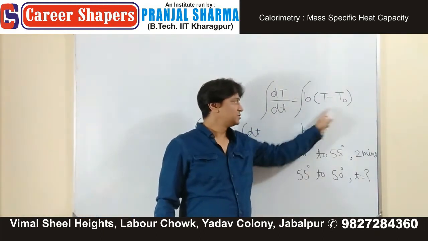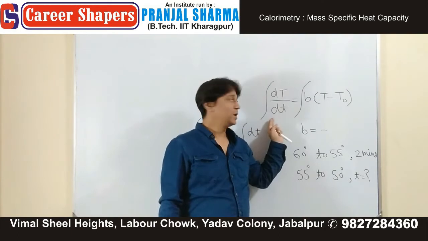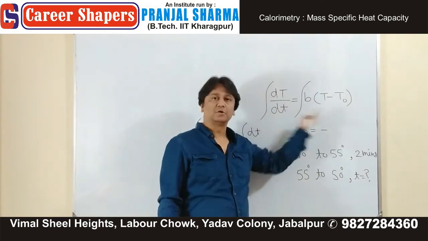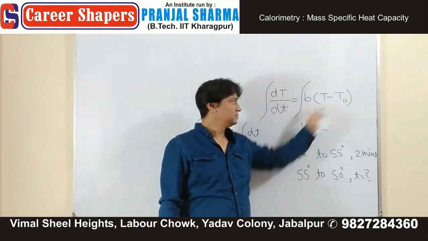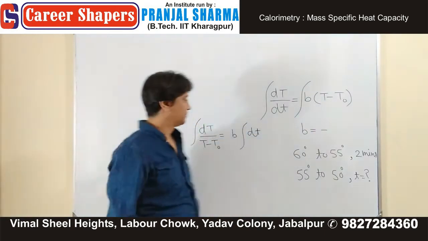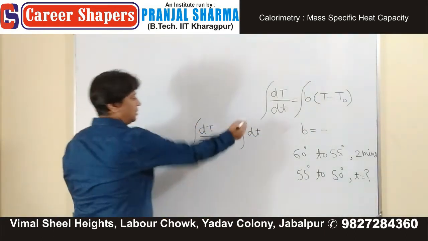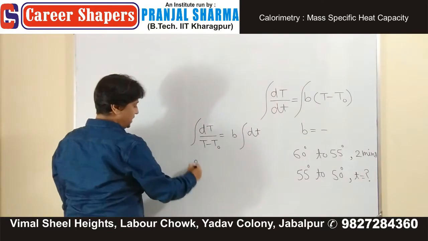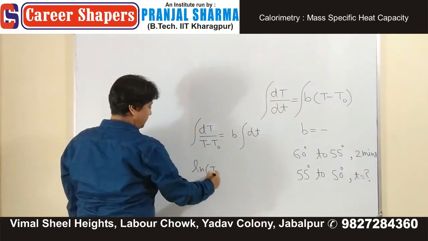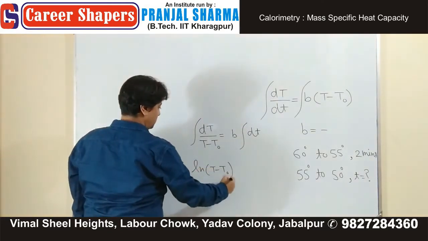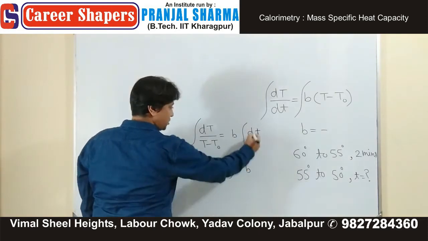The t minus t naught you shift to the denominator, because t and t should be on the same side. Time moves over here. So when you integrate this, the integration was ln of t minus t naught. Integration of dt is t.